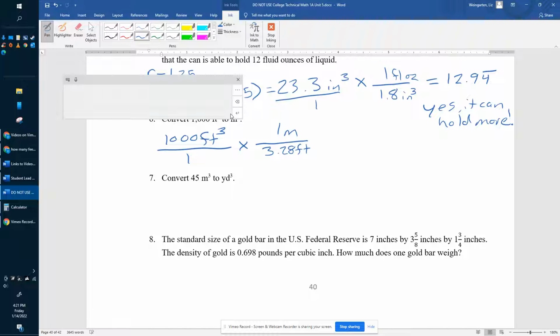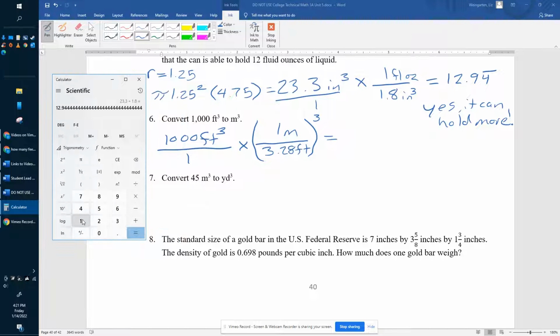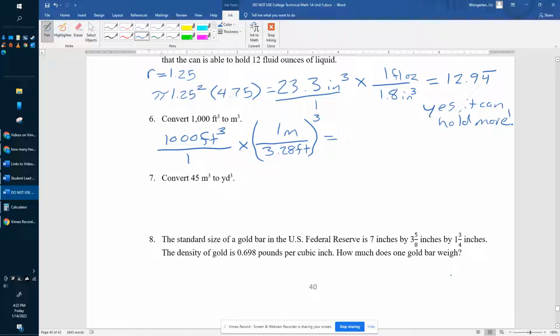Now we're in feet, but we need feet cubed, so we are going to have to cube this conversion factor. So 1,000 divided by, in parentheses, 3.28 cubed. It's 28.3.